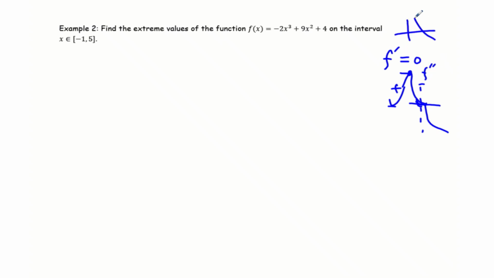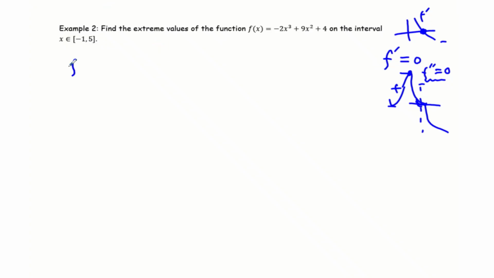Here f prime is positive, and this part f prime is negative. At the change from positive to negative, that point may be our absolute maximum or minimum, but that is our next lesson. So in this lesson, we are going to just focus on the first derivative equals 0.